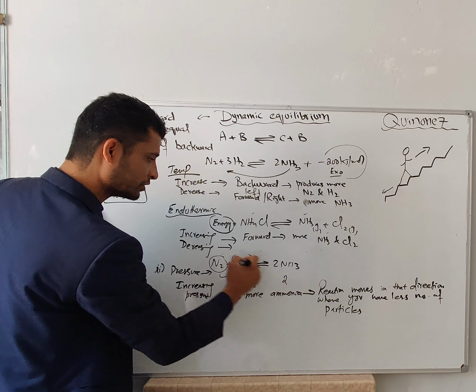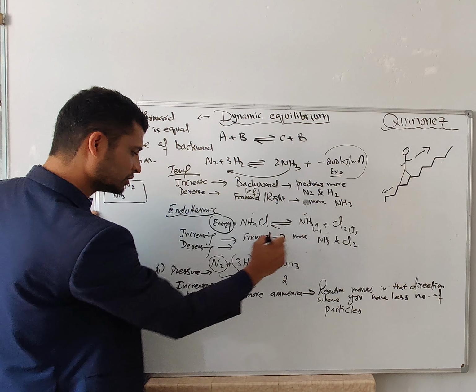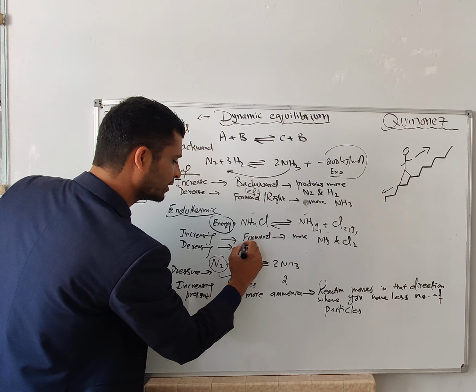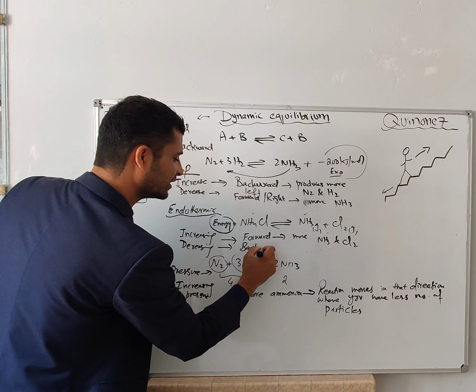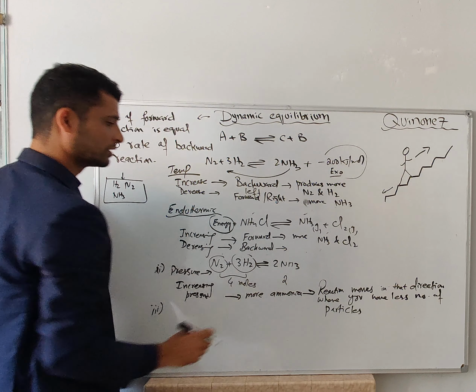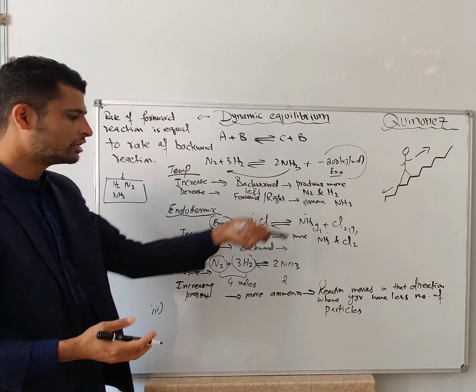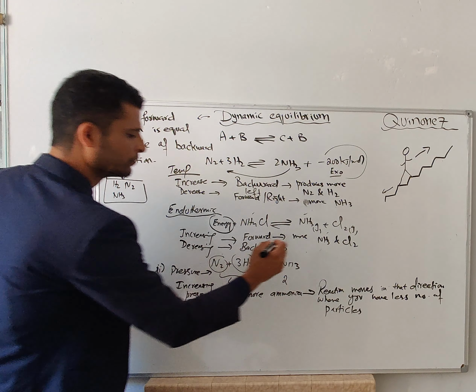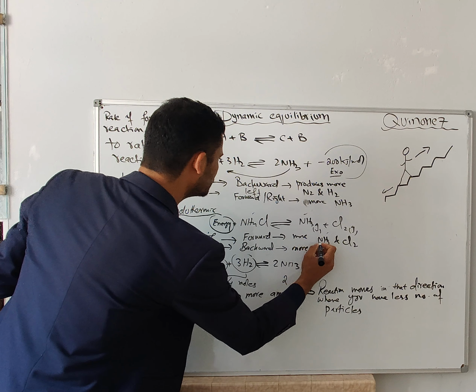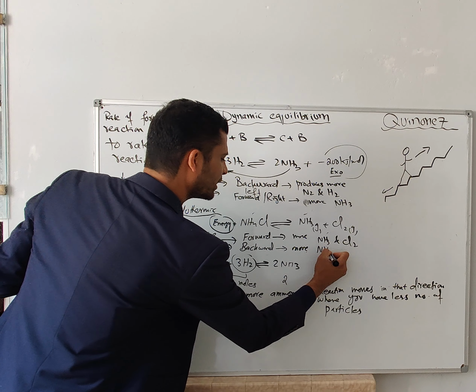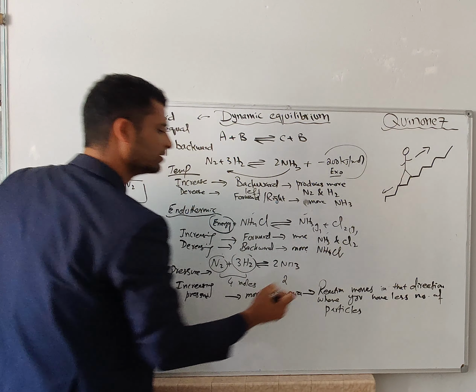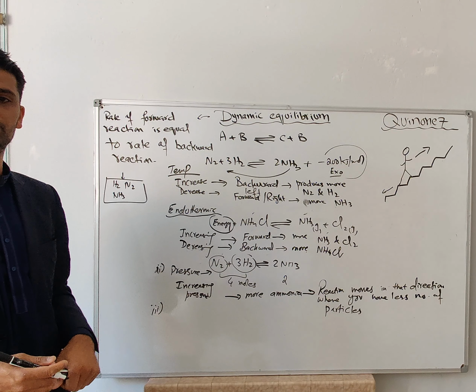So the reaction will go in the backward direction. You can say the equilibrium will be shifted, not the reaction, to the backward, and you will produce more yield of NH4Cl.